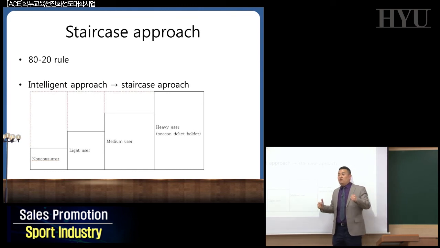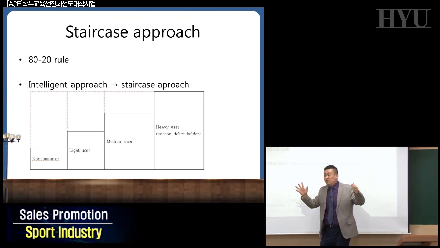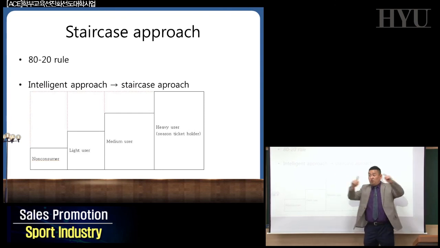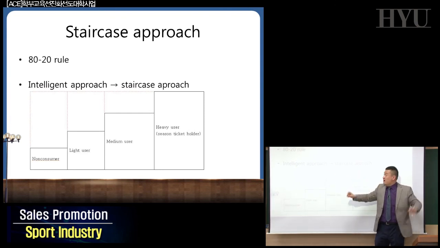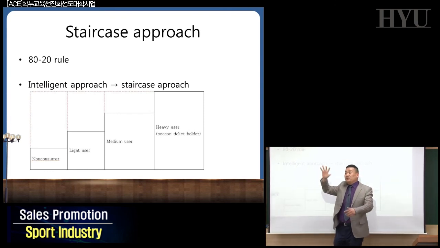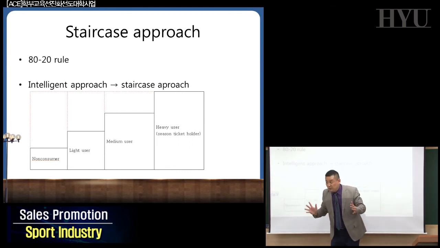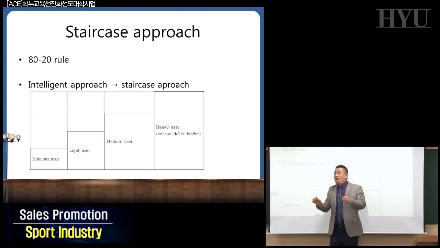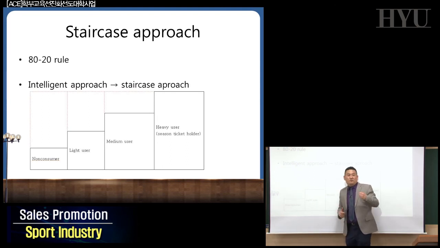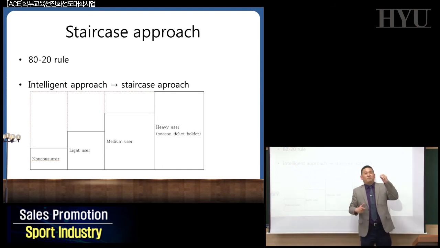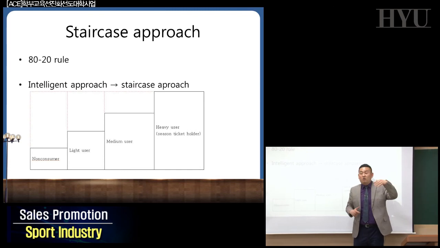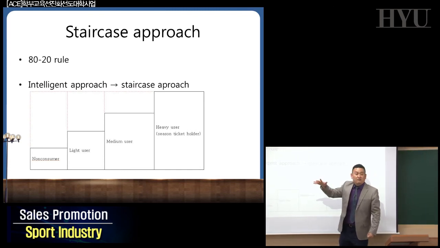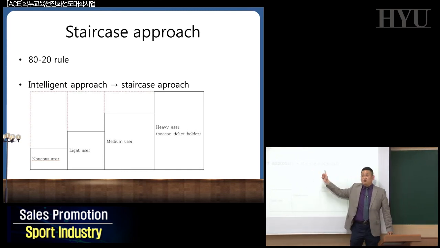The company's total revenue is 100%, but 80% of the total revenue will come through the efforts of only 20% of the targeted people. So only 20% of people contribute almost 80% of the revenue of any company. That's the 80-20 rule, right?